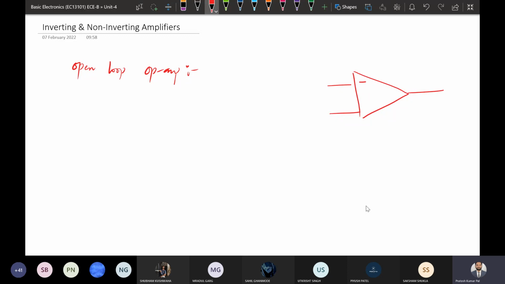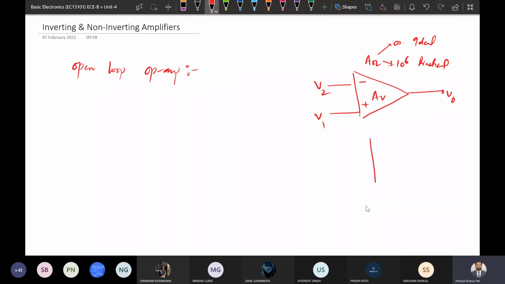This is negative and this is positive. This is V2 and V1, and it has some gain. This gain is nothing but the open loop gain. If it is ideal, this would be infinity, and if it is practical, it will be close to 10 power 6. This is the case of ideal and this is the case of practical, and here this is the output.